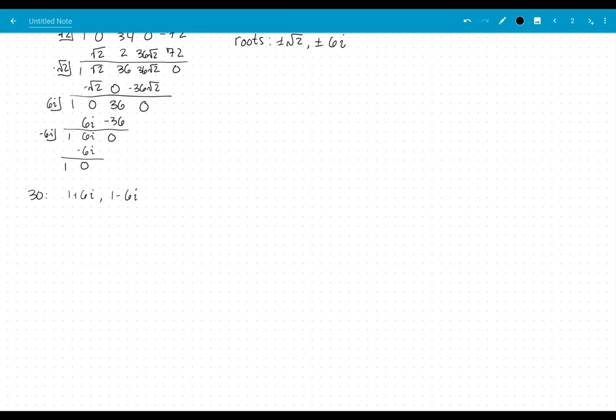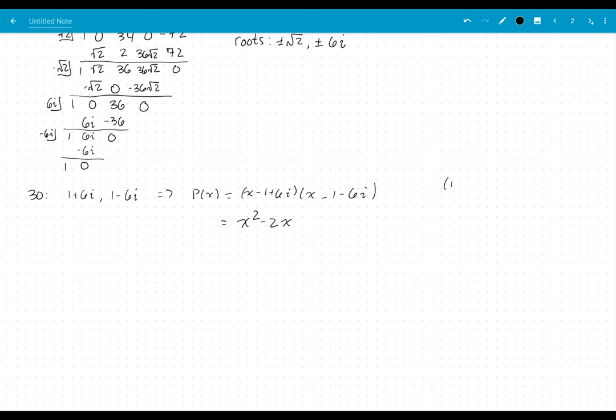And then we can just find our polynomial by saying p of x is equal to x minus 1 plus 6i times x minus 1 minus 6i. Okay? And then we multiply this together, and we get x squared, and then minus 2x, and then we get negative 1 squared.